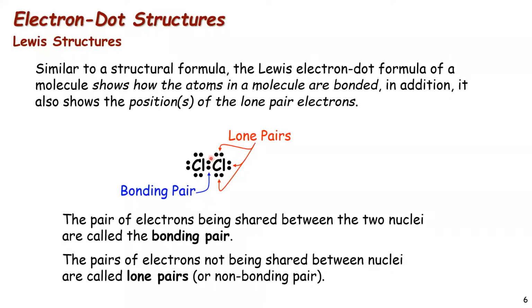Now, generally, we don't show the dots for the bonding electrons. We draw a single line for each set of bonding electrons. So for a single bond, we put a single line between the two. If it was a double bond, we'd draw 2 lines, and if it was a triple bond, we'd draw 3 lines between the two. This is basically how we're going to write our Lewis dot structures.